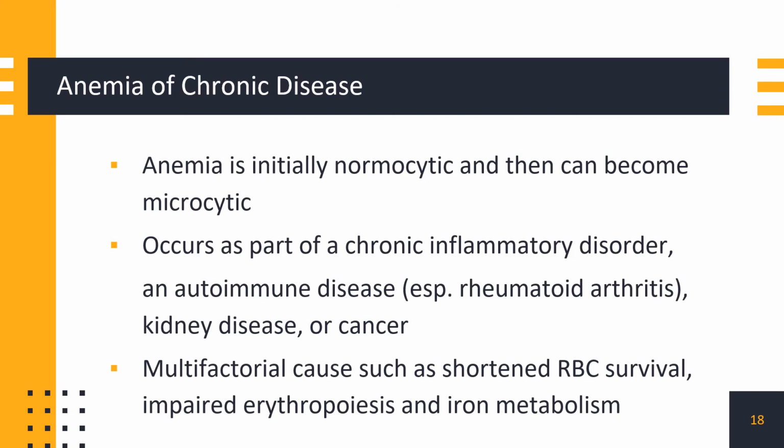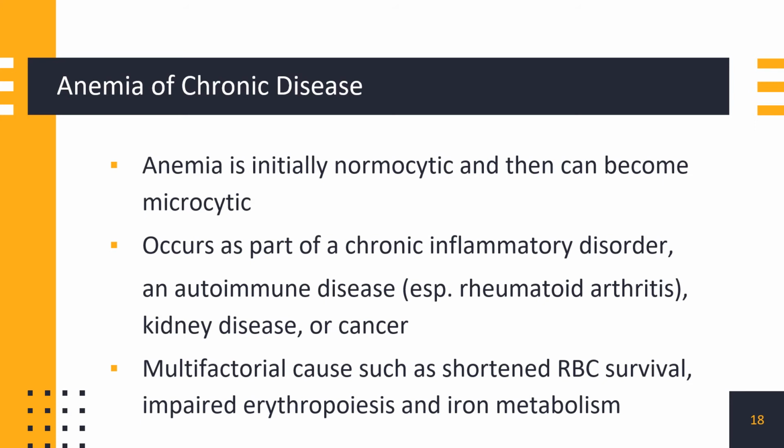Multifactorial causes such as shortened RBC survival and impaired erythropoiesis and iron metabolism underpin this particular condition. There is slightly shortened RBC survival, thought to be due to the increased hemophagocytosis by macrophages, and occurs in patients with inflammatory diseases.